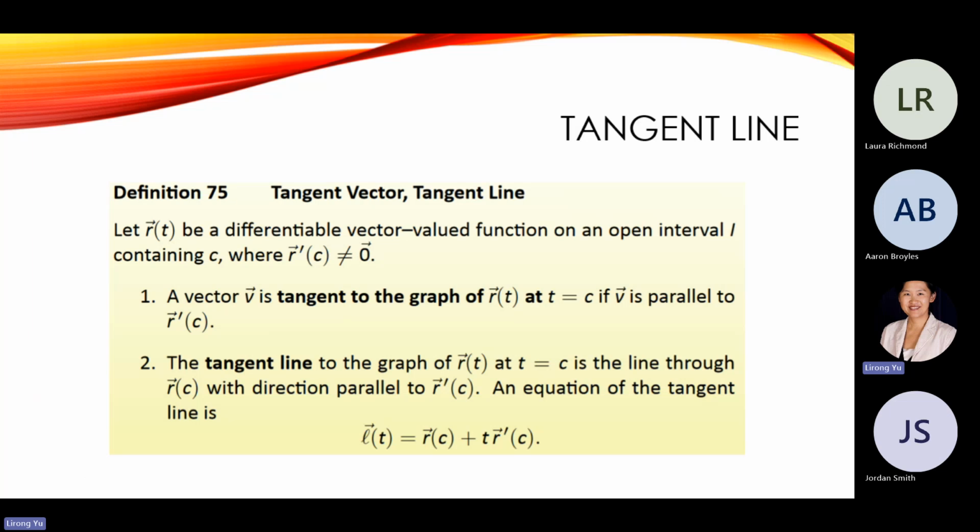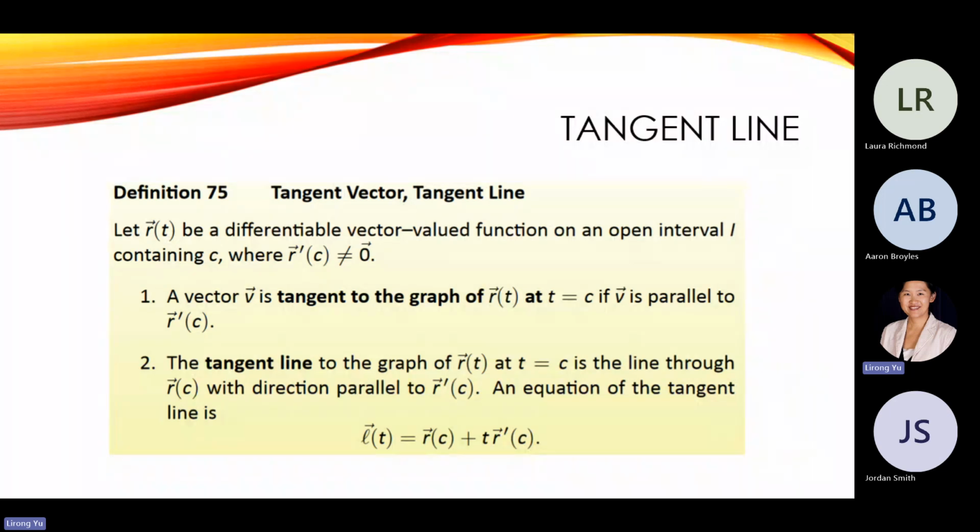We already have a way to represent lines. In 10.5, we have a formula for the line. The formula for the line will be a point plus t times the direction vector. Now, according to what we have in calculus, the direction vector for the tangent line should be the derivative vector.